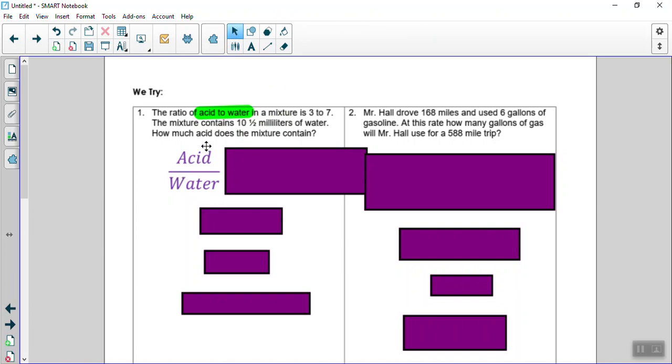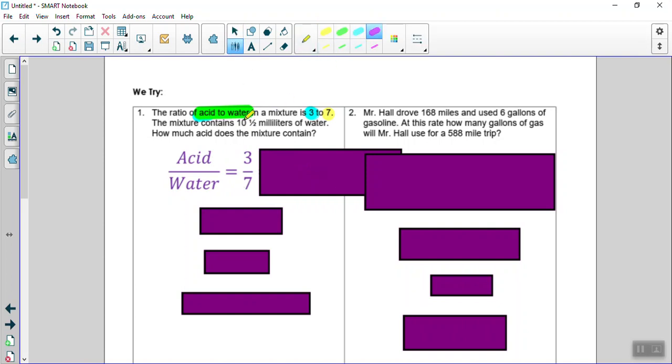I put acid on top, so I have 3 milliliters of acid, right? Acid was my first word here, it's my first number here. And water is our second, and our second unit, right? So now I have 3:7 as my first fraction, 3 milliliters of acid, 7 milliliters of water. But the other thing that they told us is that we have 10.5 milliliters of water, right?